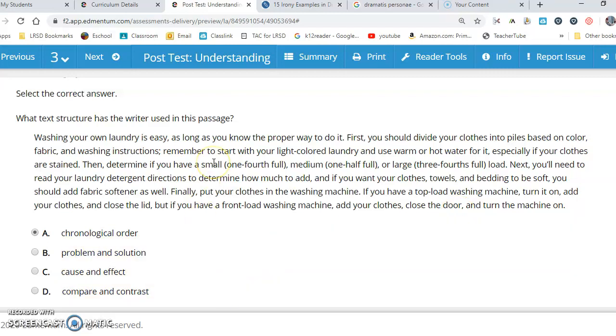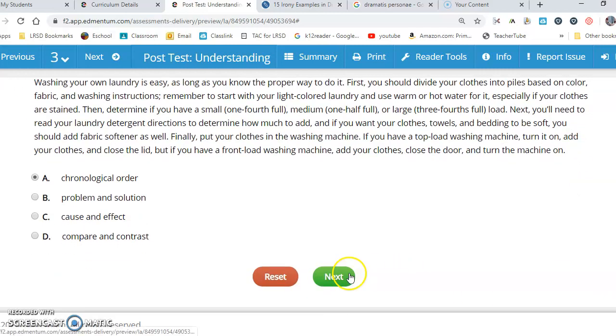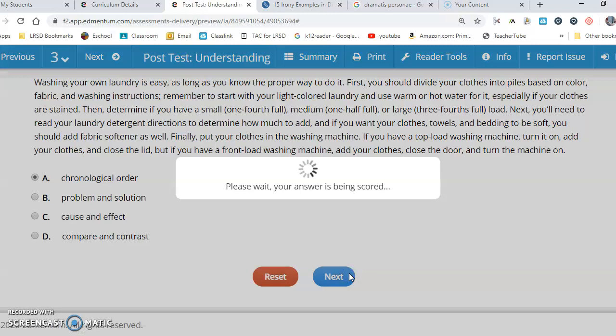Compare and contrast. If you were comparing an apple and an orange, you would talk about how apples and oranges are both fruits. They're both sweet and juicy, but they have different flavors and different textures. So those are the 4 different types of author's purpose and the structure for the writing.